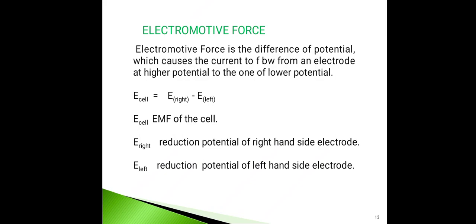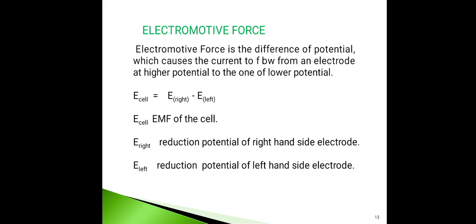And we will get a doubt: what is an electrode potential and what is this reduction potential? Let us go to electrode potential. What does electrode potential mean? It is the potential that is developed at the surface of an electrode due to either loss or gain of electrons, and this is called electrode potential.